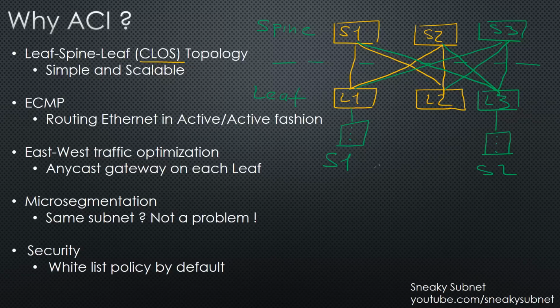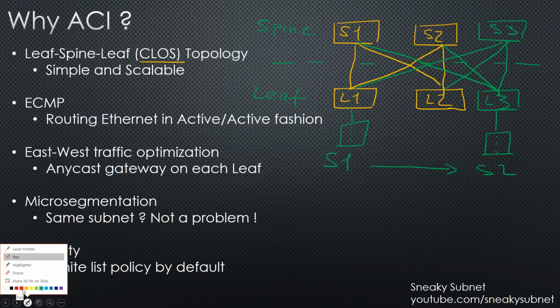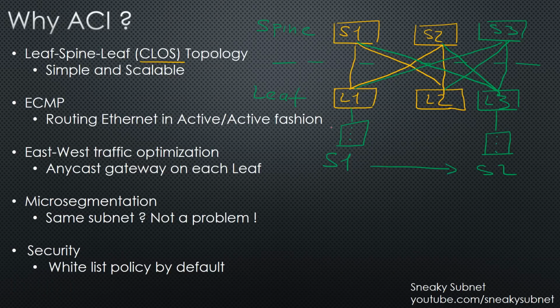If server 1 wants to talk to server 2, it will go to leaf 1, then to spine 1, for example, then leaf 3, and server 2.